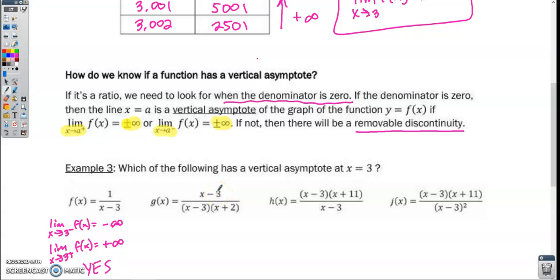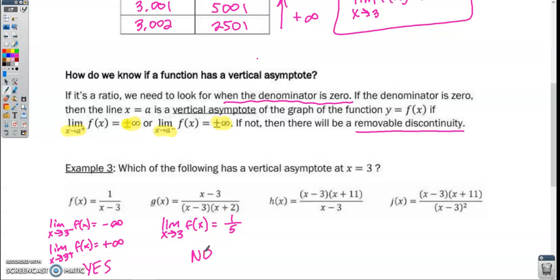And so the limit of this would have been the same as the limit as x goes to 3 of 1 over x plus 2. And therefore, the limit as x goes to 3 of this function is 1/5. So no, this one does not have a vertical asymptote.